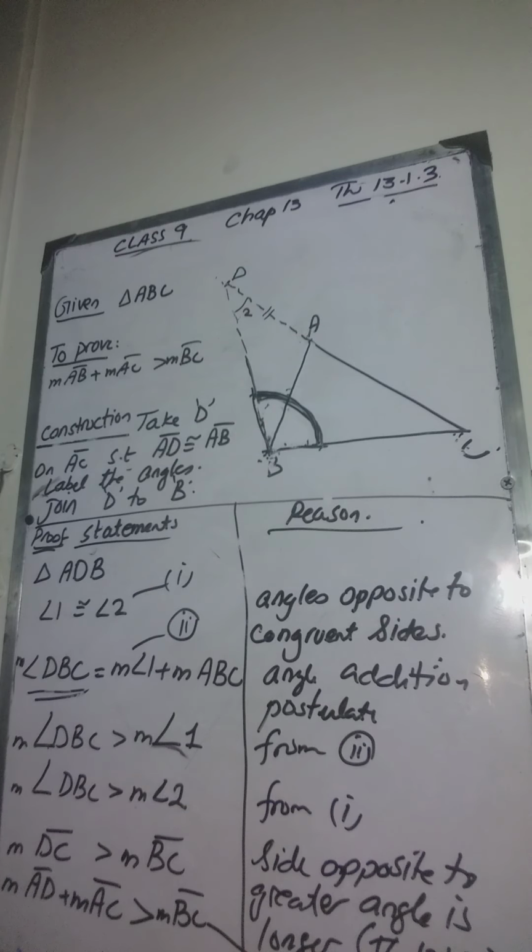Or we have already constructed that. Okay, from construction, AD plus AC is greater than BC.